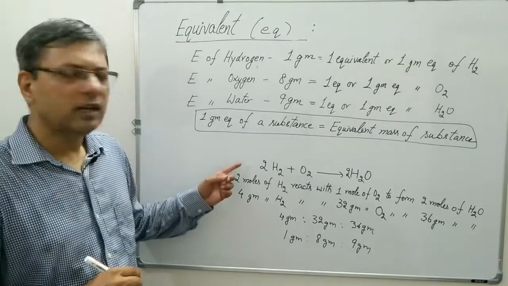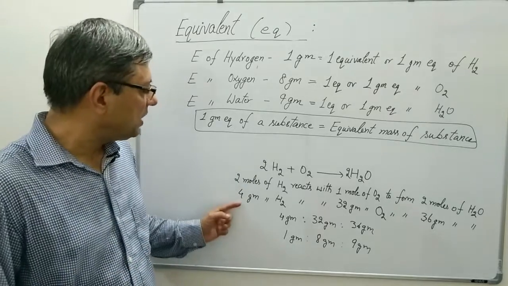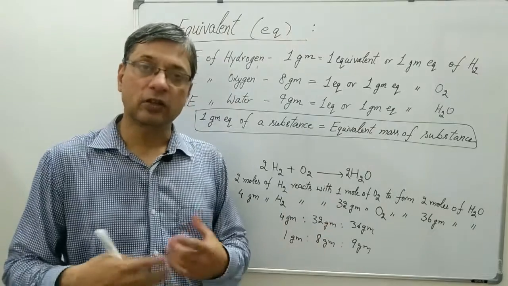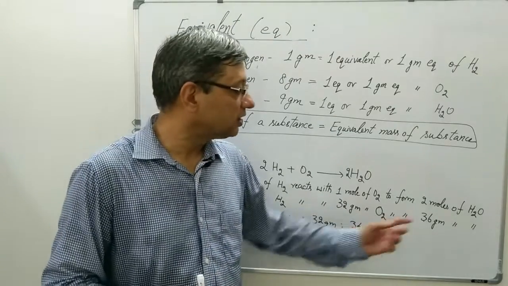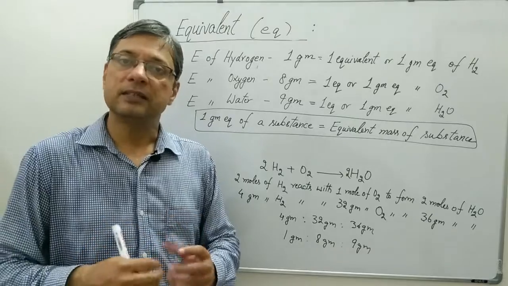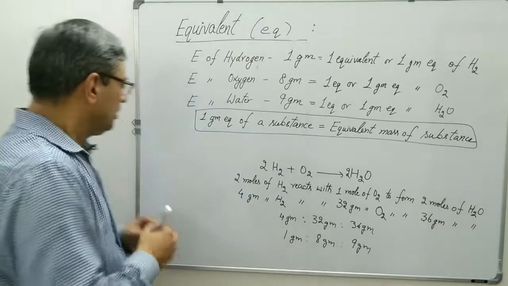Let us go back to the chemical reaction, that is the formation of water. Here we are saying 4 grams of hydrogen is reacting with 32 grams of oxygen to produce 36 grams of water. We can express this equation in gram equivalents also.